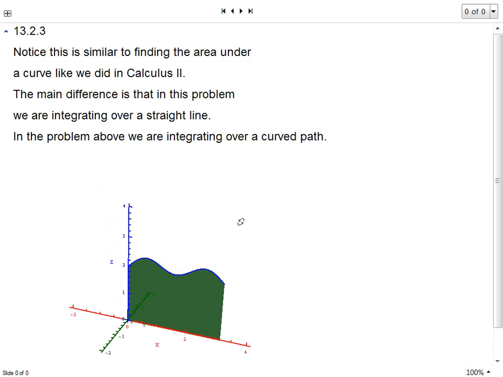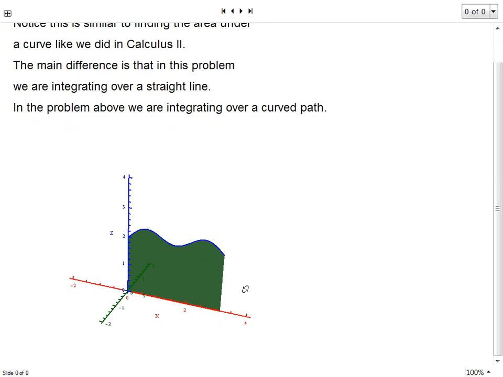So back in Cal 2, when we first learned about the integral, we actually didn't realize it at that time, but we were doing a problem just like what we're doing now, except our function was only a function of one variable, which means we didn't have a y component. Like the y-axis didn't exist. We had x and we had z, but we called z y. Following that?